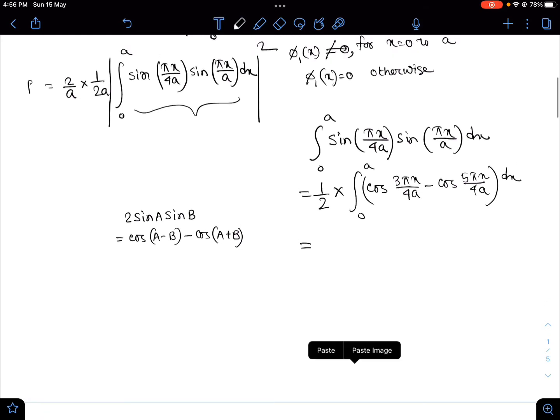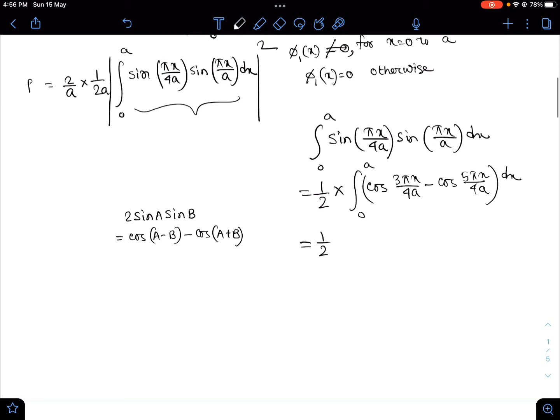It will give us half, and from the first term we will get 3 pi by 4a, and integrating cosine will give us sine 3 pi x by 4a, and we have to put the limit from 0 to a.